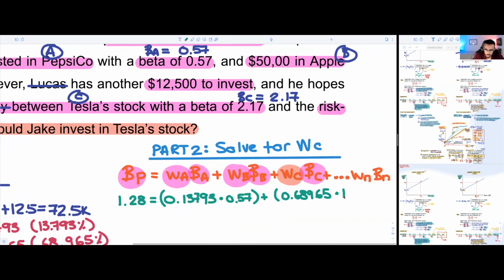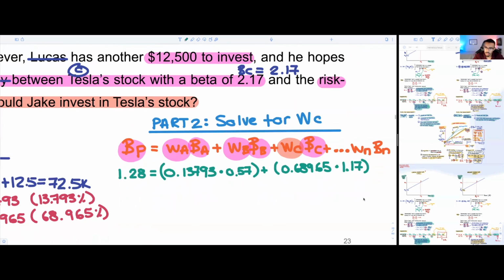And I guess this is going to spill down a little bit. So we're going to say that we then need to find what is the weight of C, right? Which is going to be multiplied by 2.17. All right. And then by definition, we're also going to find the weight in the risk-free rate, the weight of D, multiplied by 0. Okay.